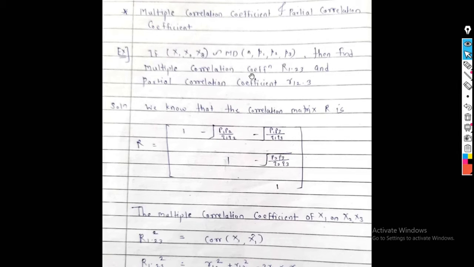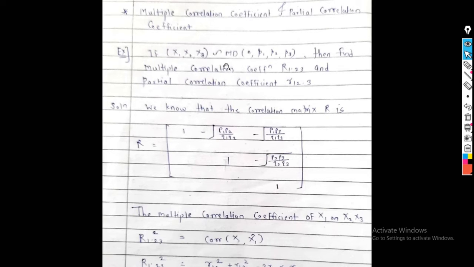Multiple correlation coefficient is denoted by capital R1.23, as it is a multiple correlation coefficient of x1 on x2 and x3, and partial correlation coefficient is denoted by small r12.3. We are going to study this capital R1.23 and small r12.3 in the next semester.